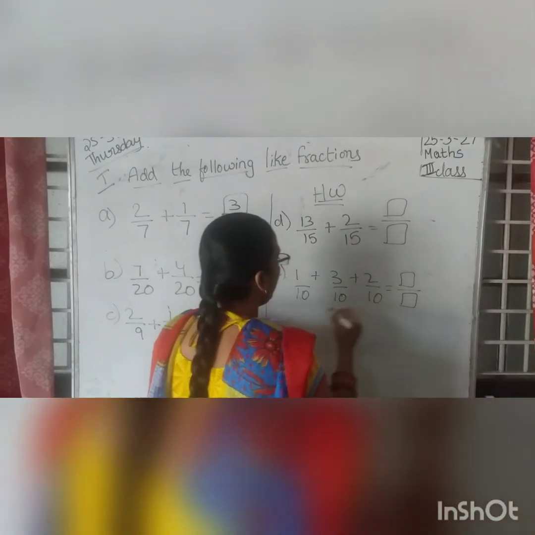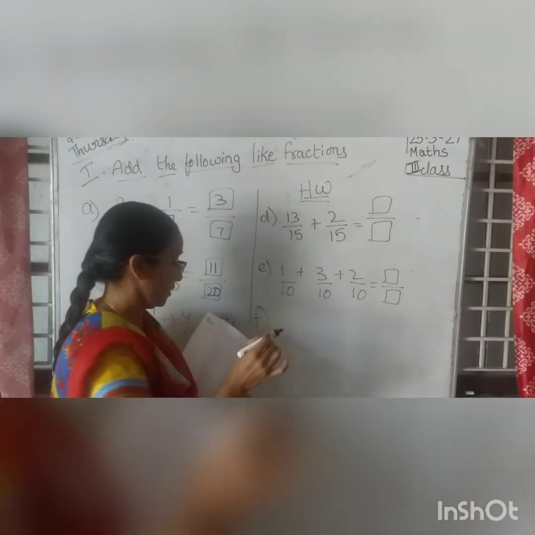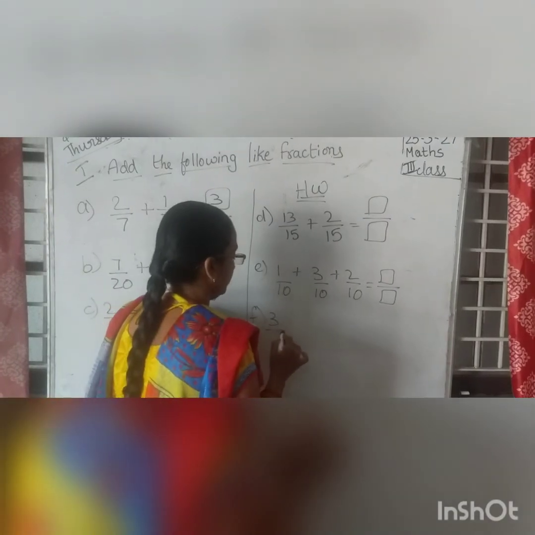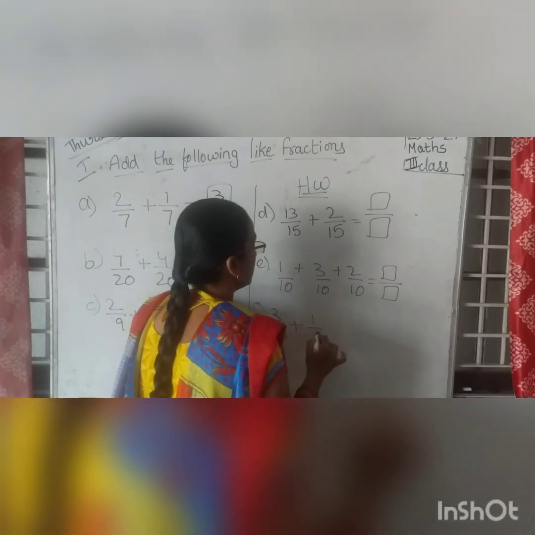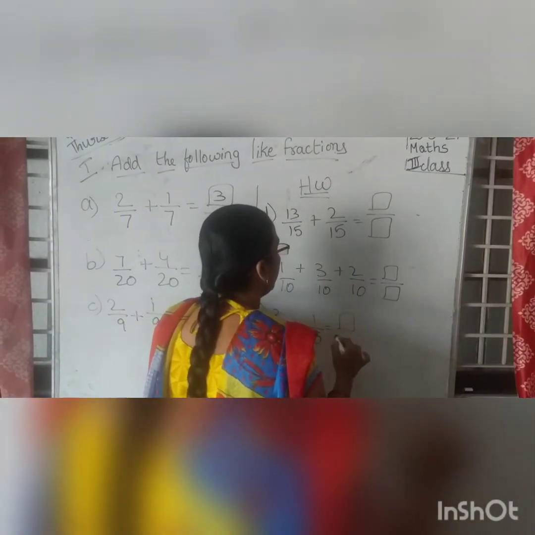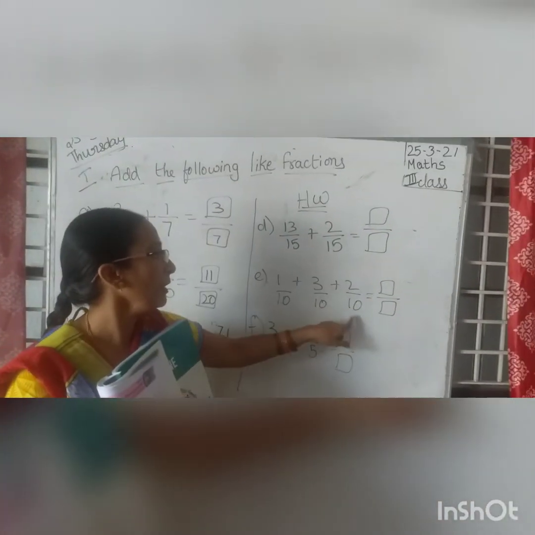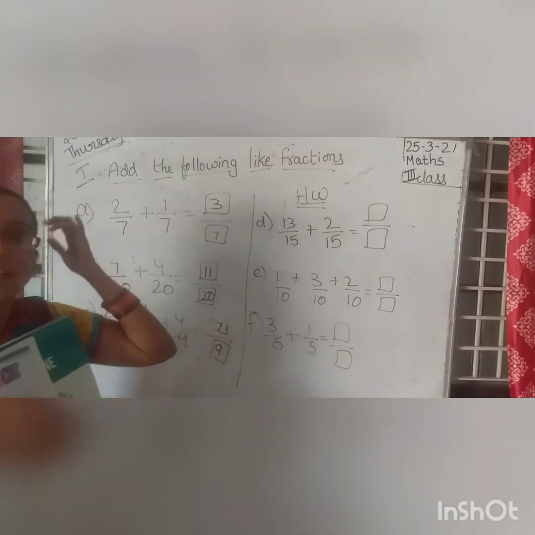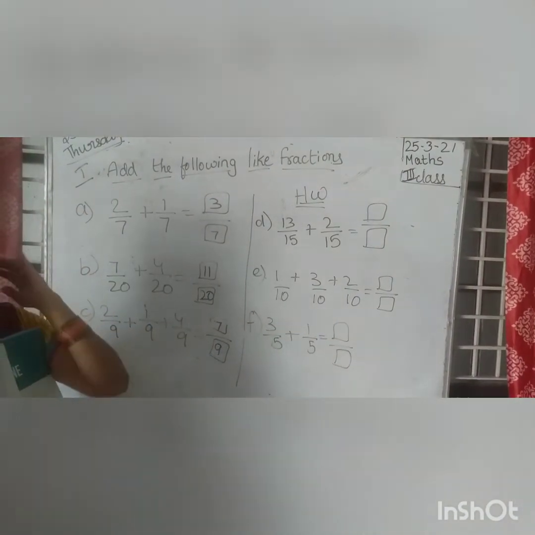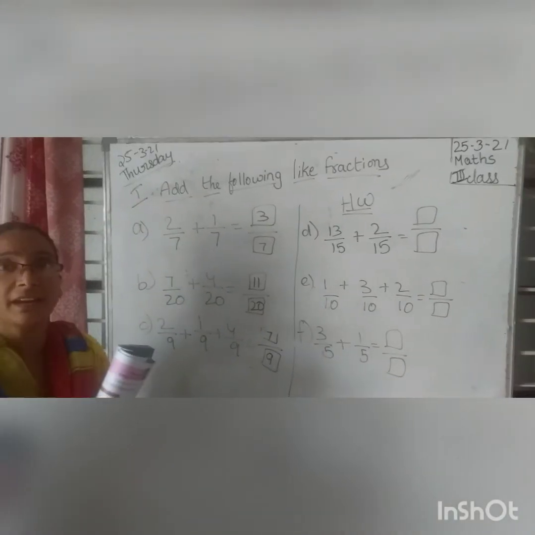Yes, these 3 sums are for homework. Did you all follow? First write the denominator the same, then add the numerators and write the number. Yes? Did you all copy this? Did everyone understand how to do addition?